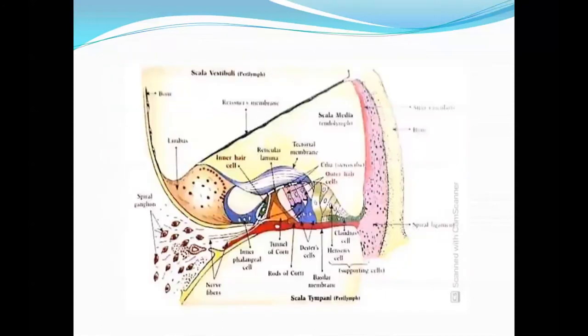Here we can see this is the Reissner membrane that divides scala vestibuli from scala media. Scala vestibuli contains perilymph. Scala media contains endolymph. And thirdly, basilar membrane. This is basilar membrane that divides scala media from scala tympani. Scala media, as we know, contains endolymph, and scala tympani contains perilymph.